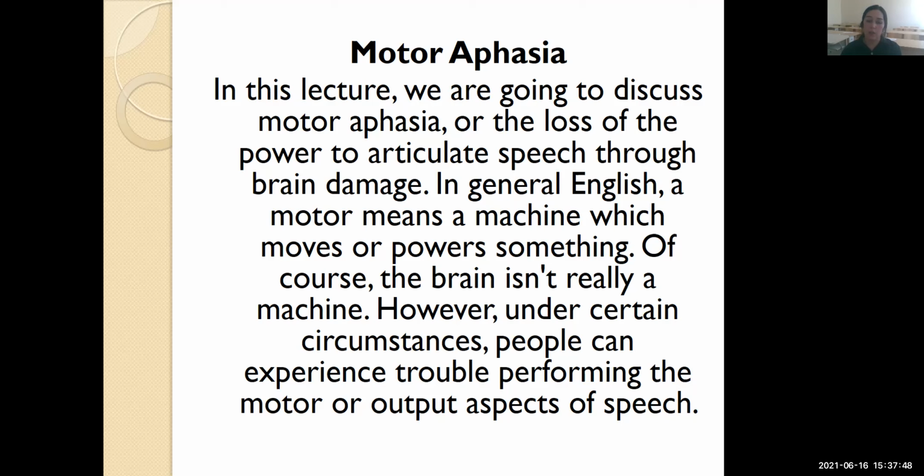Okay, why should we know about motor aphasia? What is the connection of motor aphasia with linguistics? As we know, motor aphasia is a disease which is connected with language. This is the brain damage which mostly affects our language.